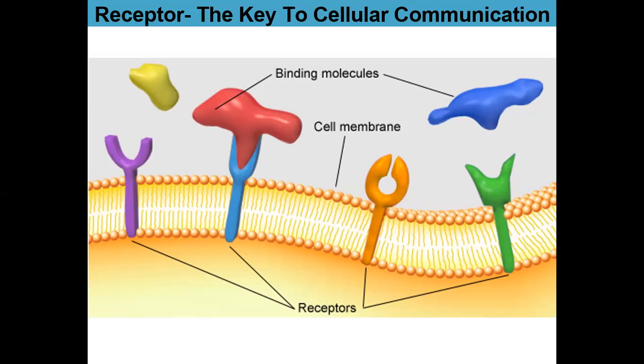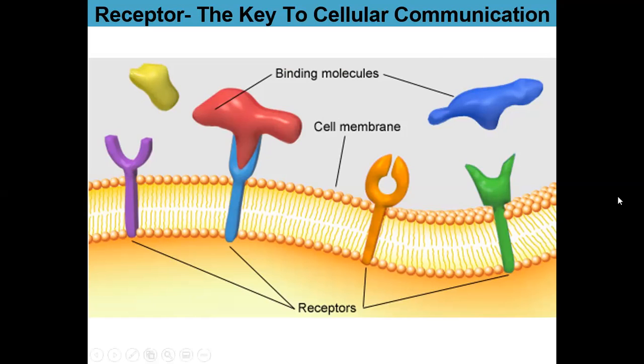So that's why it is very important to understand the chemistry involved in receptor-ligand binding, receptor-virus binding, and we will see what different types are present here.